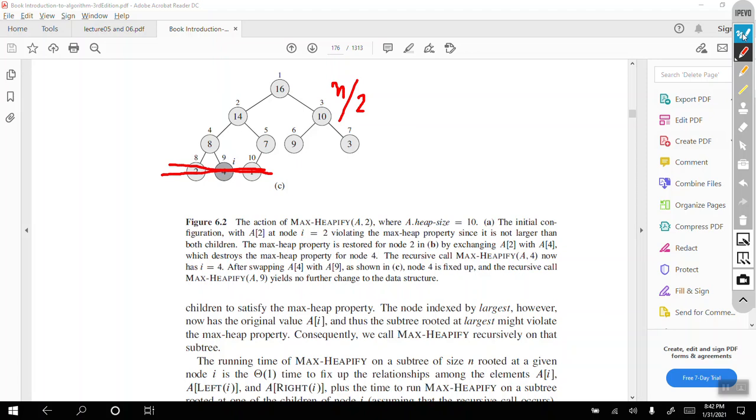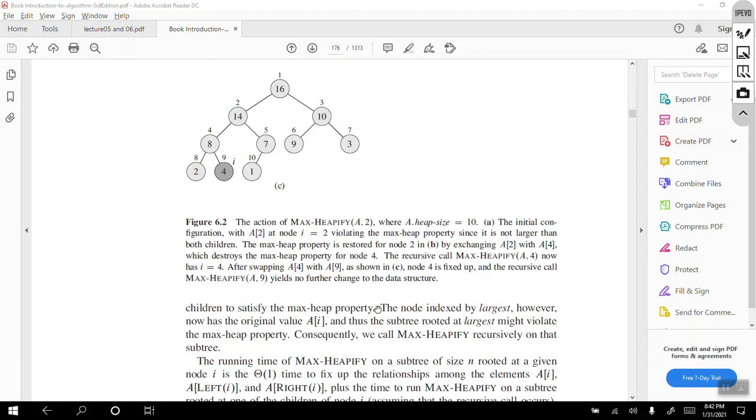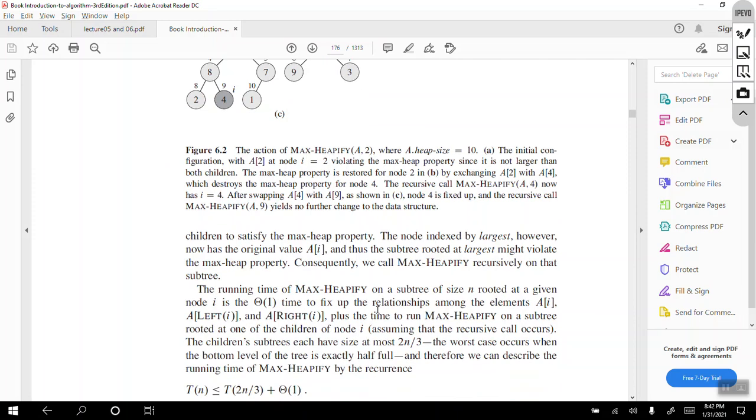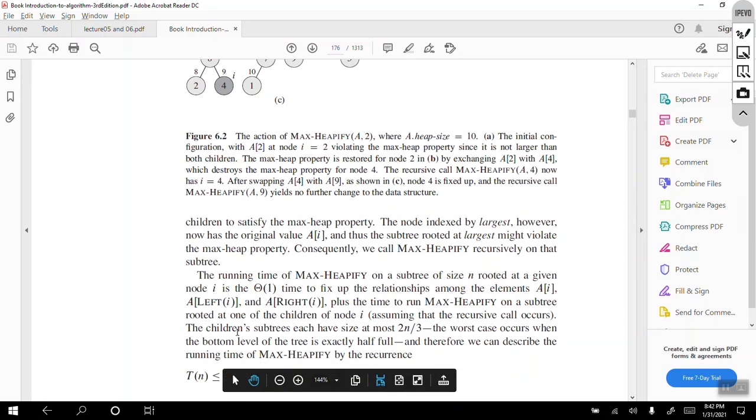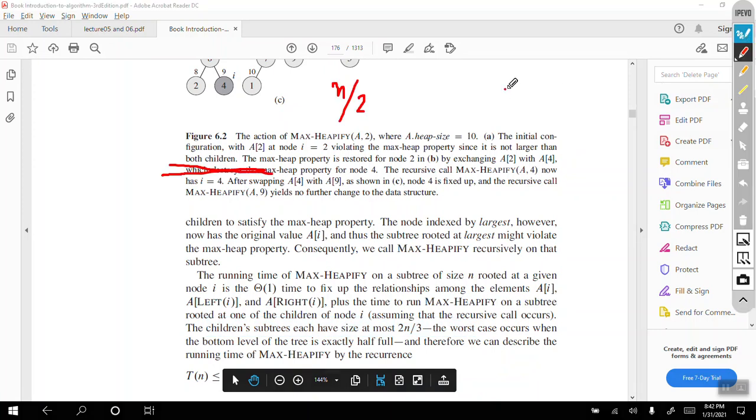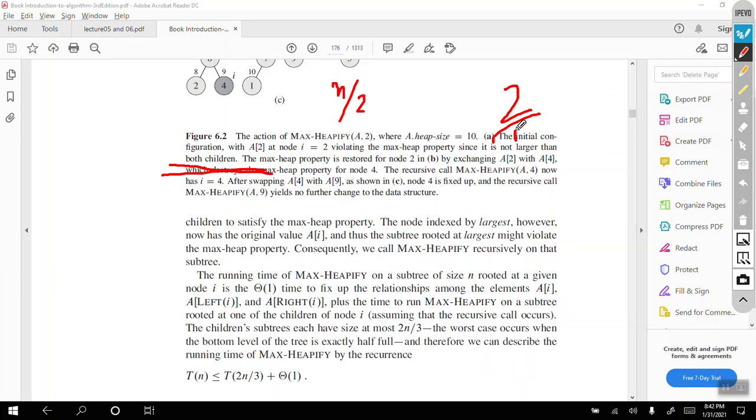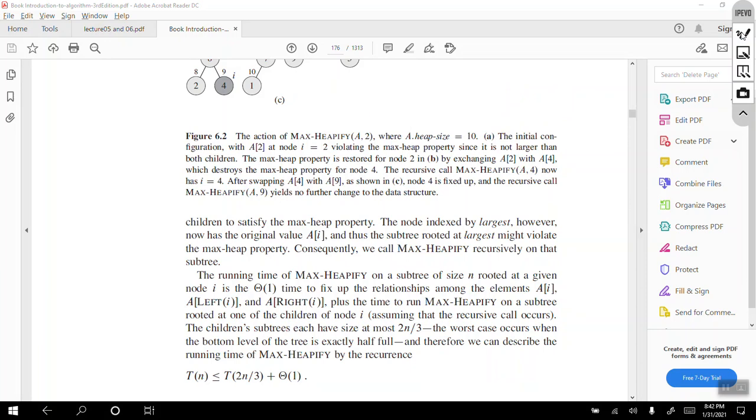So this is why, if you read the calculation in the book, it says the children's subtrees have a size of at most 2n by 3, that means 2n/3.